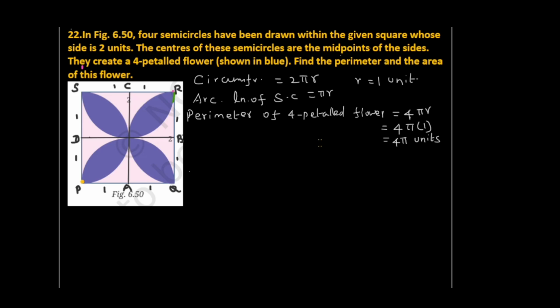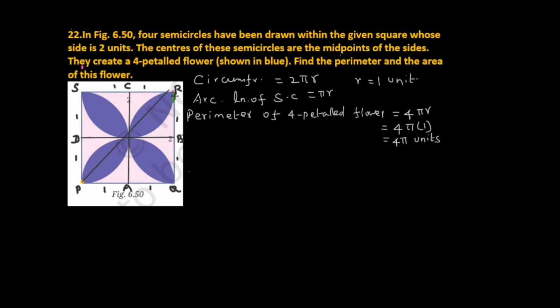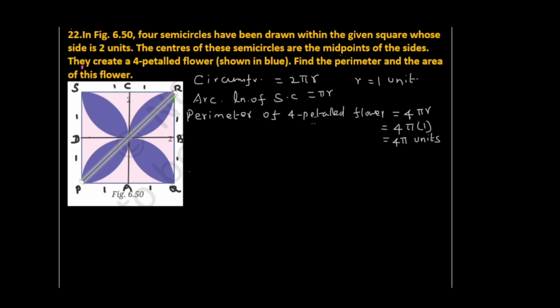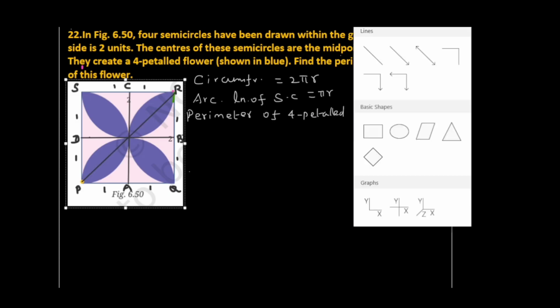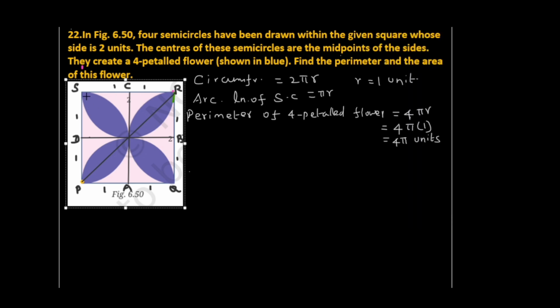Now to calculate the area, we can join the diagonals. Let's join P and R. When we are joining the vertices P and R, we are getting one diagonal. As well, if we are joining Q and S, we are getting another diagonal.